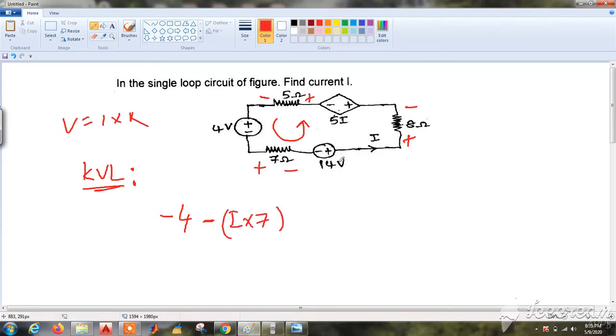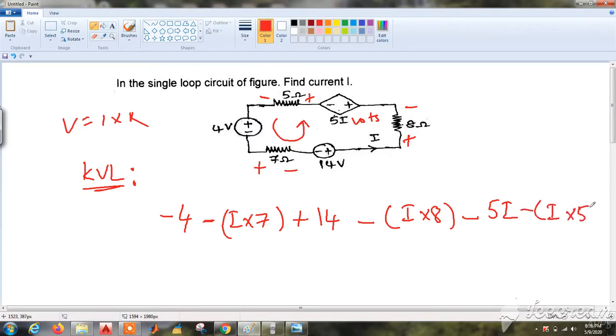Coming here, the second sign is plus 14 volts. Coming here, the second sign is minus I into 8. And coming to our current dependent voltage source, what is the second sign? The second sign is minus. As it is, you have to write 5I because it is ultimately volts. Coming here, the second sign is minus, so I into 5 ohms is equal to 0.